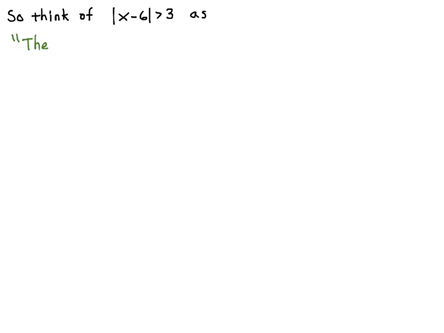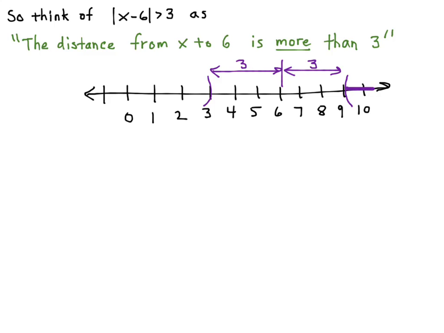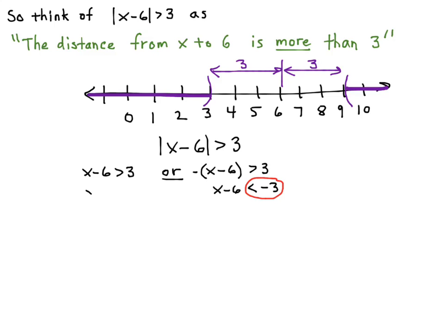So let's put an inequality in there. So if we say the distance from x to 6 is more than 3, okay, I put that on my number line again, and here, if that distance is more than 3, actually I'm running ahead of myself here a little bit.